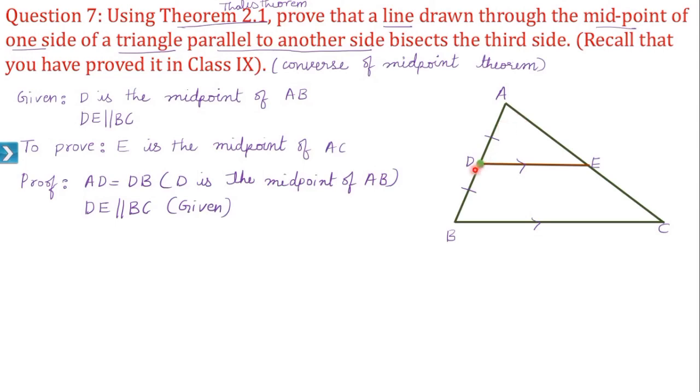Therefore, we can write AD by DB is equal to AE by EC. That is because of Thales theorem.